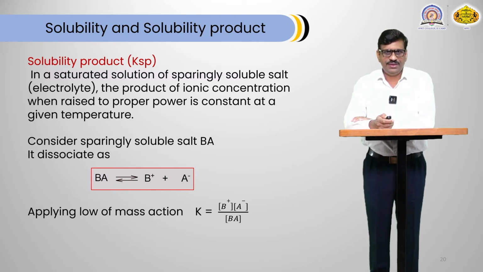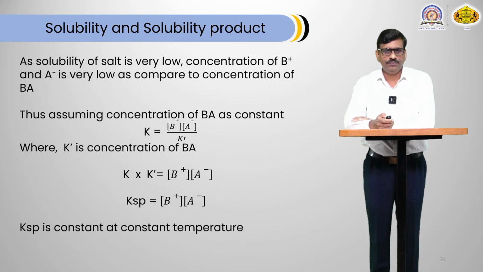Now, to explain this concept of solubility product, let's consider the electrolyte BA. BA, when it dissociates, produces B plus and A minus. By applying the law of mass action, we can write the equation for the dissociation constant of BA, and it is given as K is equal to concentration of B plus into concentration of A minus divided by concentration of BA.